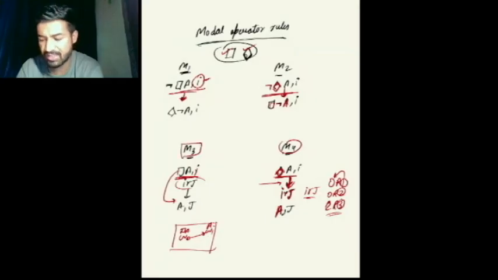If box A is the case in world I and there exists a world J which is accessible from world I, we can write that A would be the case in world J. This is nothing but rule M3. So this is how we can understand these modal rules with the help of natural language. These are the modal operator rules for the truth tree method. If you have any doubt, let me know in the comment section so that I can reach out to you better. Okay. Let us now move on to discuss the examples in the book.